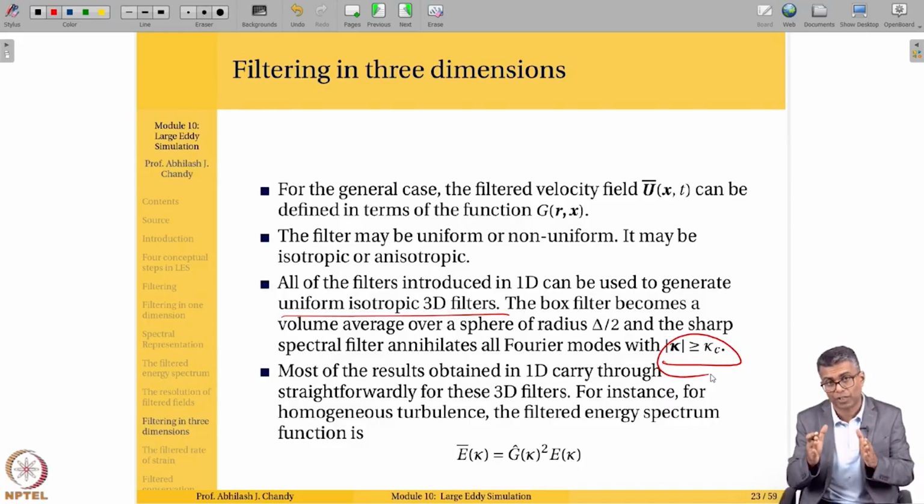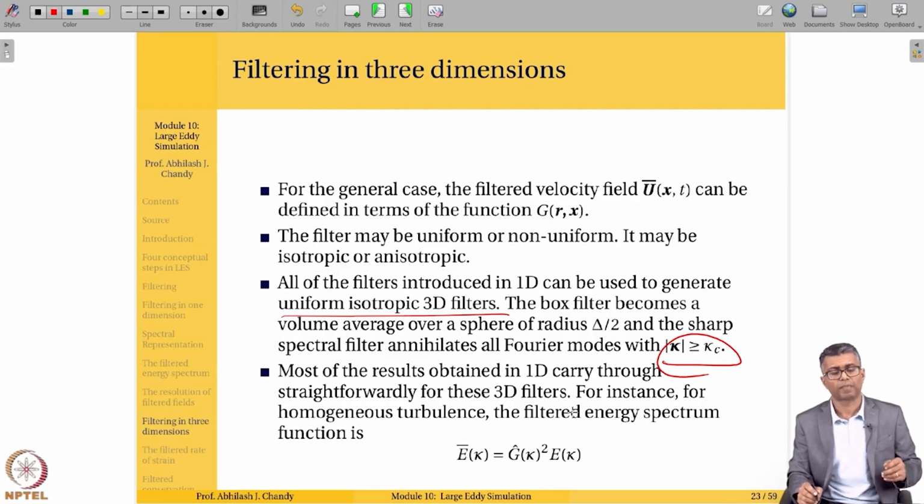The magnitude of the wave number vector kappa, if greater than kappa c, is basically removed.